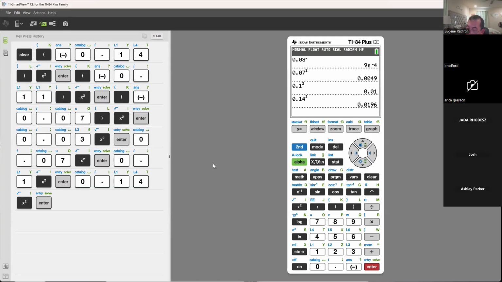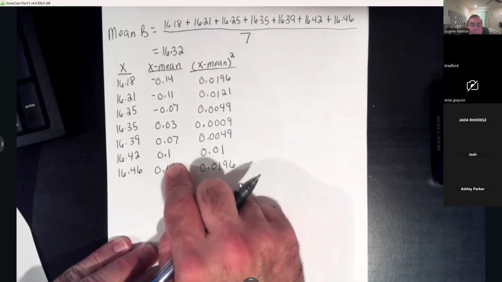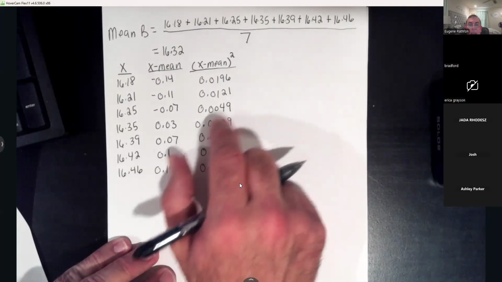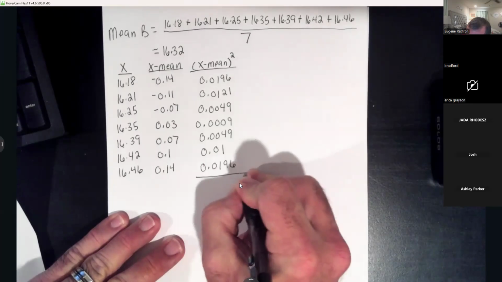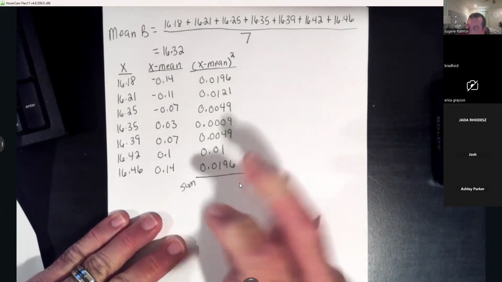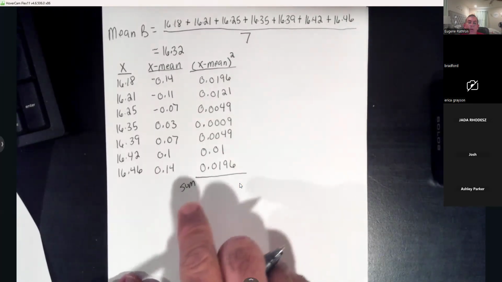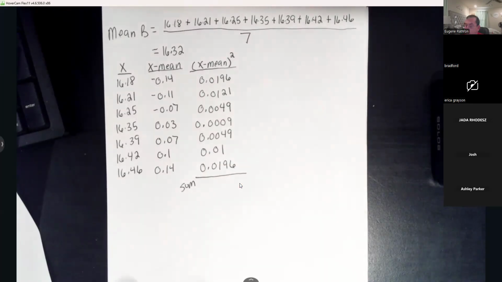All right, so remember, I squared every one of the x minus mean answers I had, got this column. Now, we're going to find the sum of this column by adding all these together. So y'all, you use a calculator a lot on this mean, standard deviation. Definitely use the calculator a lot.